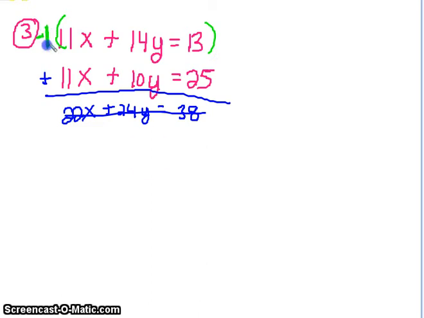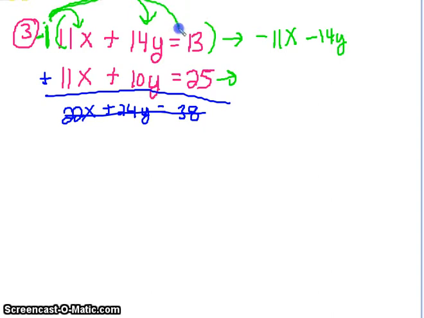As long as you make one negative and one positive, then we're good. So now, here we go. Negative 1 times 11x is negative 11x. Negative 1 times 14y is negative 14y. Negative 1 times 13 is equal to negative 13. We don't multiply both of them. We have to keep our positive 11 down here.